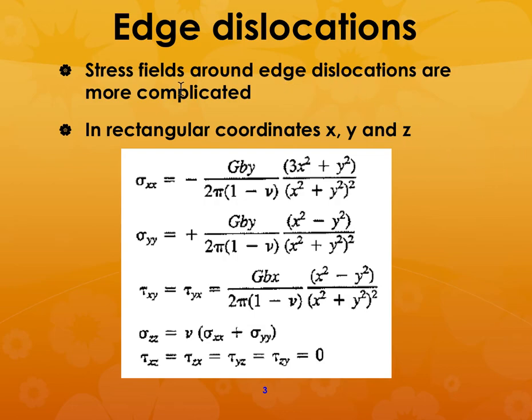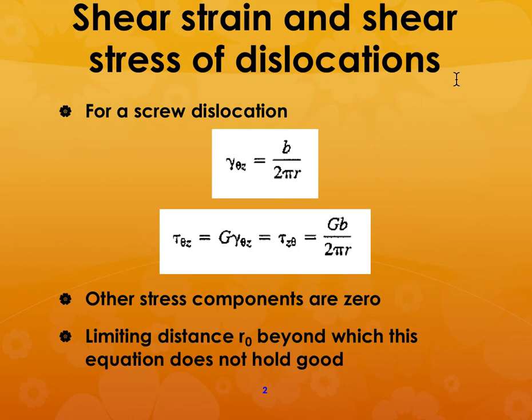And it has been derived that the stress fields around dislocations are a little bit more complicated in rectangular coordinates. Just to remind you, for a screw dislocation, because it is in three-dimensional space, it is easier for us to derive that in terms of the angle and the distance from the origin.